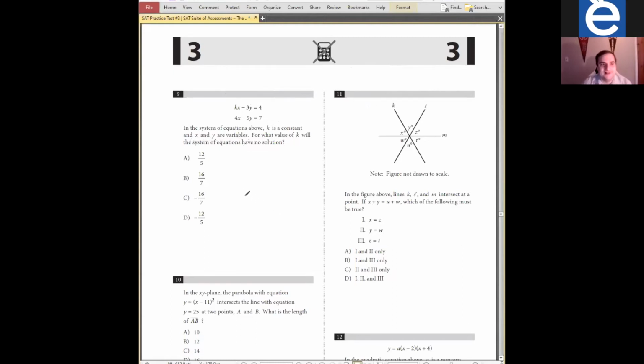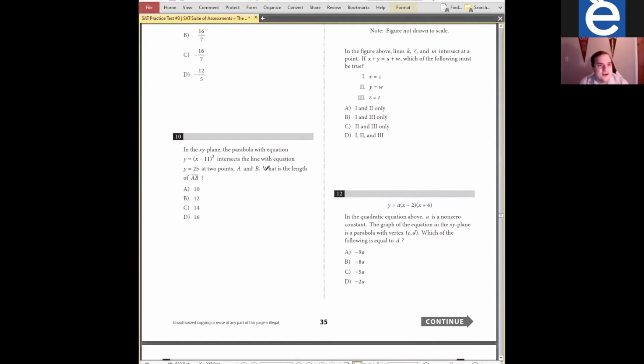It'll typically look like 3x plus 4y is equal to 4, and then 6x plus 8y is equal to 8. These are the exact same line. You would have infinite solutions, right? Infinite solutions being graphed and looking like this. Any questions?